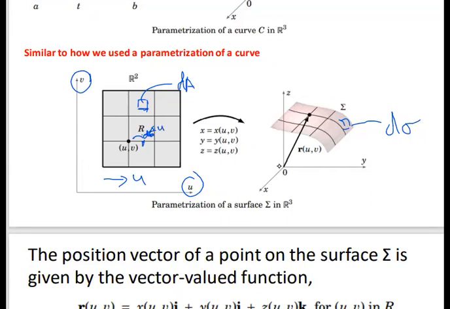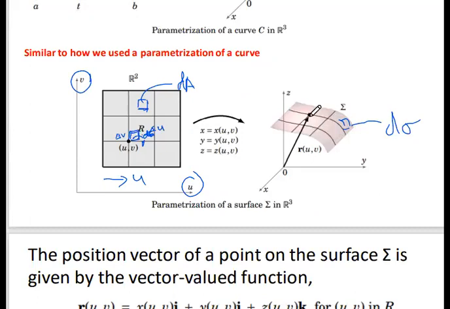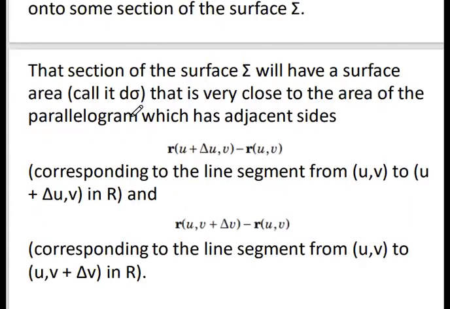This is delta v, and you consider this the rectangle. So the area of that rectangle is dA, delta u times delta v, and you find the corresponding points on this plane. So this point maps to this one. And so here we go.